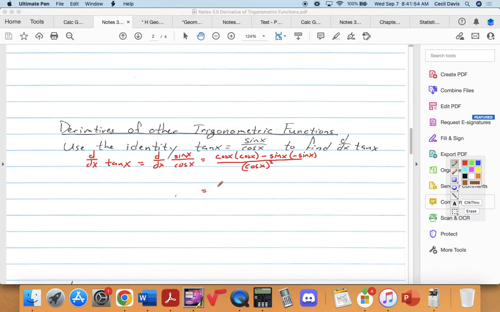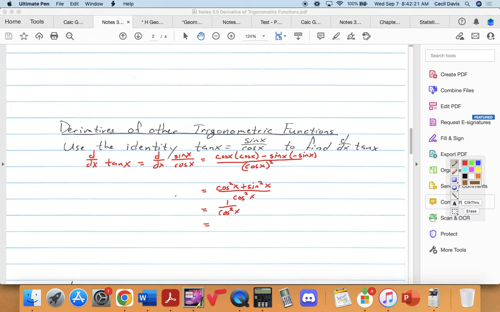Now then my numerator becomes cosine squared x plus sine squared x over cosine squared x. What does that numerator simplify to? 1. So this is 1 over cosine squared x.